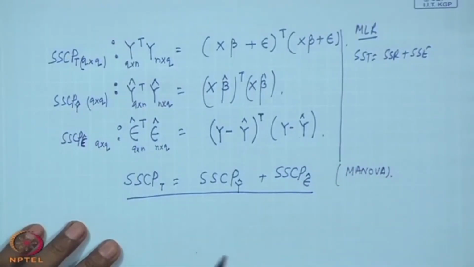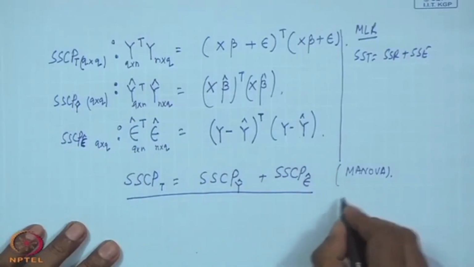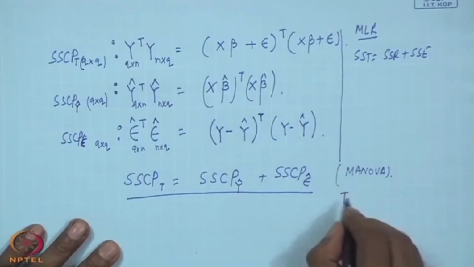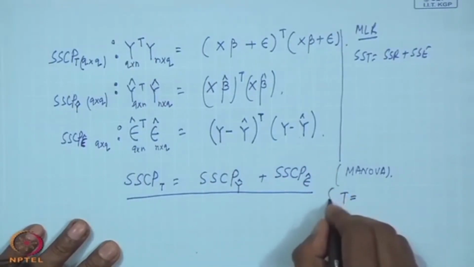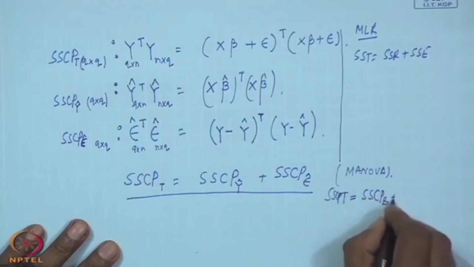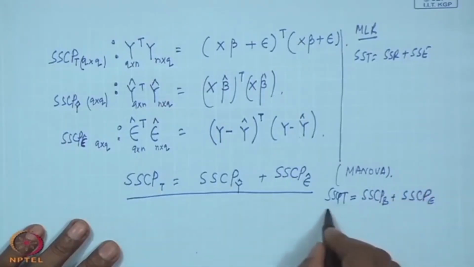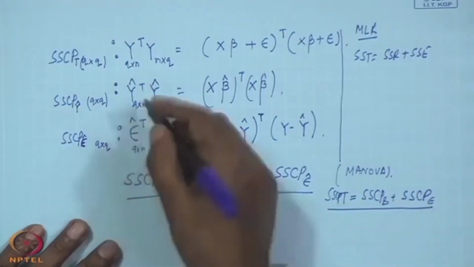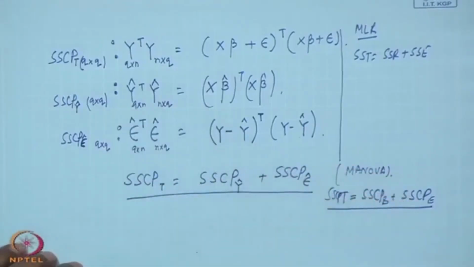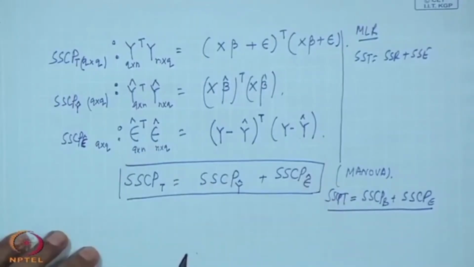In MANOVA we have found out that SSCP total equal to SSCP between plus SSCP error within. Because of q y variables, your matrix now becomes like this.